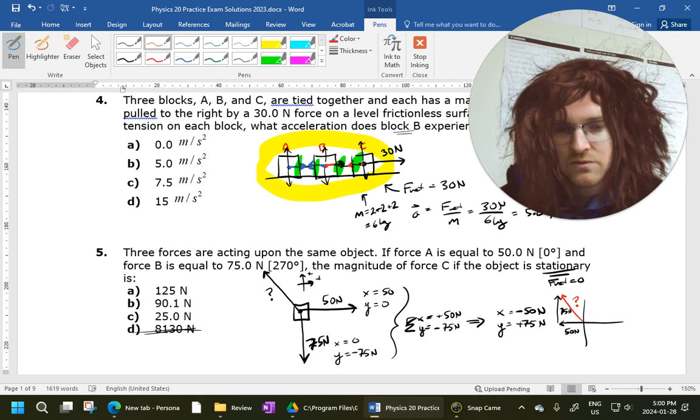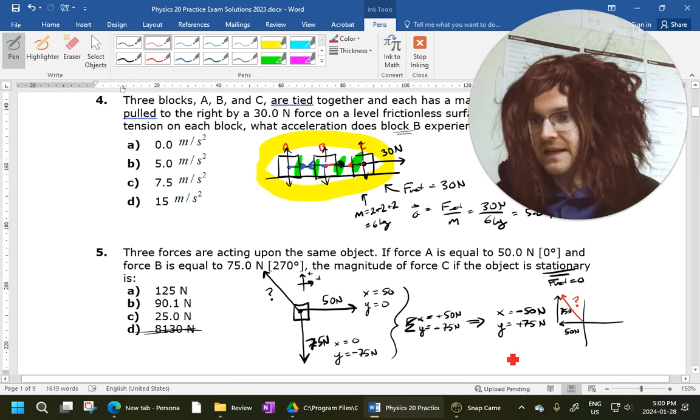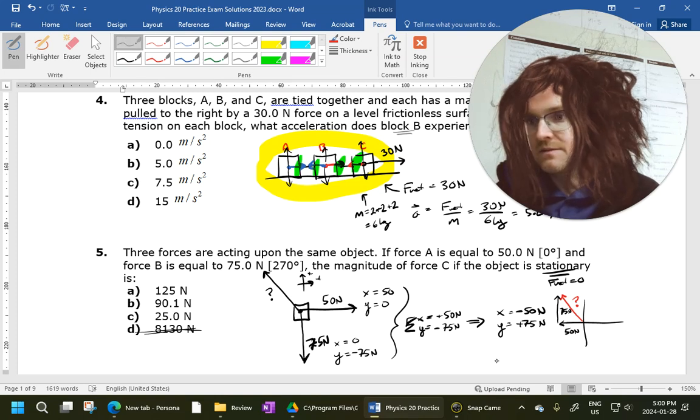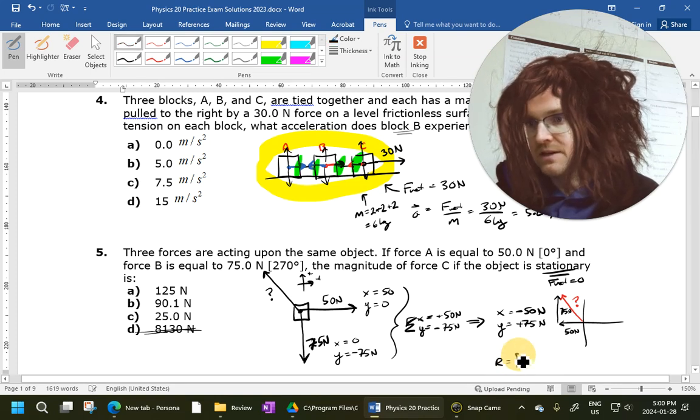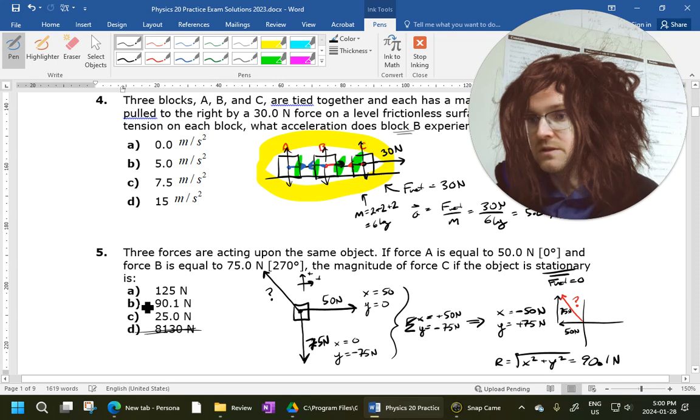We take the square root of that answer. There you go. I get 90.1. Okay. So to find that magnitude, I didn't really show it. I'm going to use Pythagorean theorem, right? X squared plus y squared is equal to r squared. So we got 90.1 newtons.